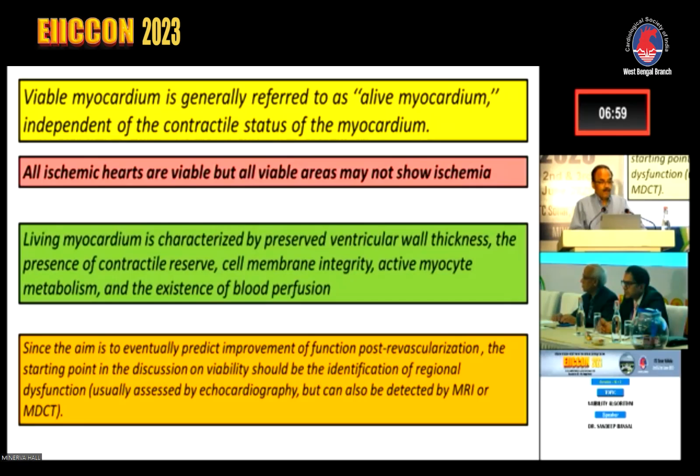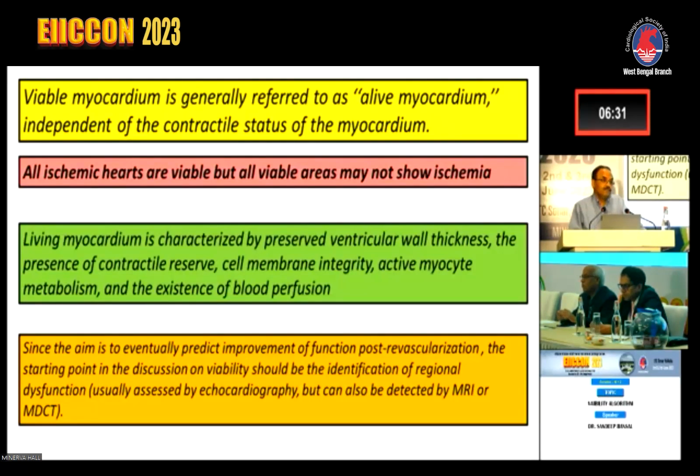It is also important to remember that in order to judge whether the myocardium is alive or not, it has to have some degree of preservation of wall thickness. It has to have a contractile reserve, cellular membrane integrity and an active metabolism. The substrate changes, but the metabolism has to continue.